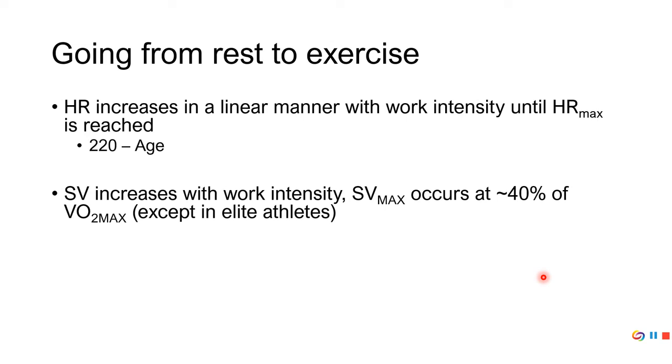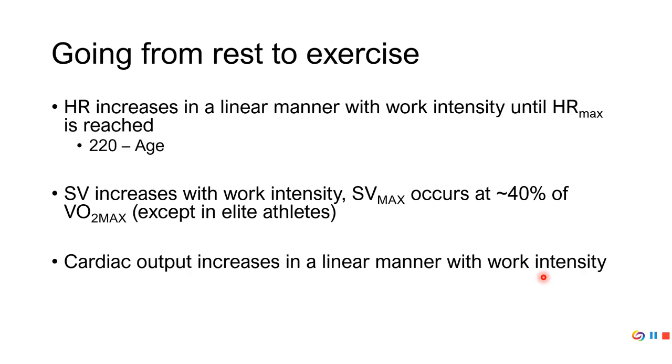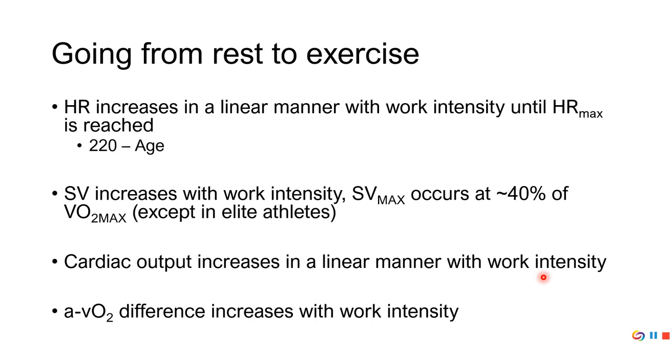And really, it depends on the training state. So cardiac output will ultimately increase linearly. We've seen that before with work intensity. Remember, cardiac output is just a product of heart rate and stroke volume. That AVO2 difference, as we showed with the previous figure, is dependent on the intensity of the work as well.